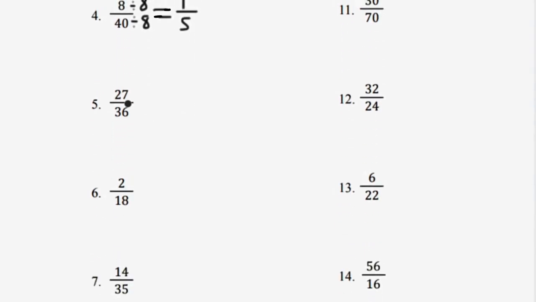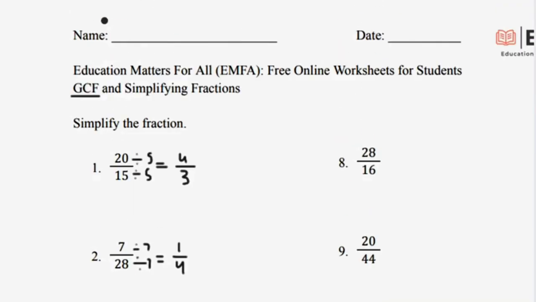Now let's do 27 and 36. Factors of 27 are 1 and 27. 1 is a factor of 36, but not 27. Then you can do 9 and 3. 3 is a factor of 36, but so is 9, and 9 is the greater one.